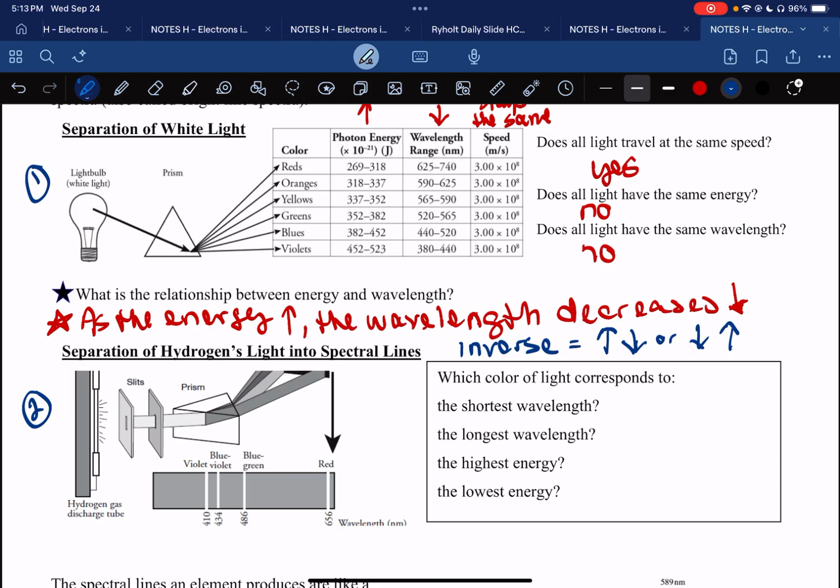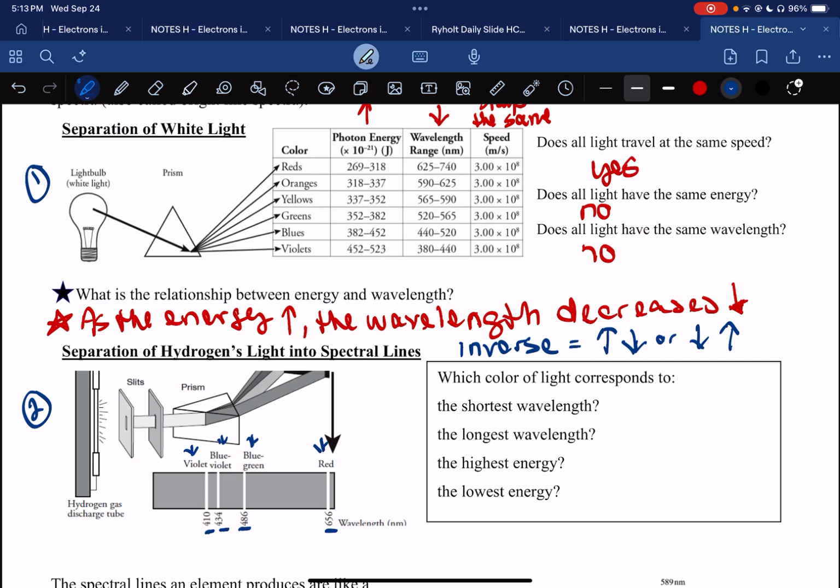And so this electromagnetic radiation is coming from this hydrogen gas discharge tube. It's being concentrated through these slits and into this prism. And then it's going to show us these different wavelengths of light. So we have our wavelengths down here, and these are the different colors they are going to be associated with.